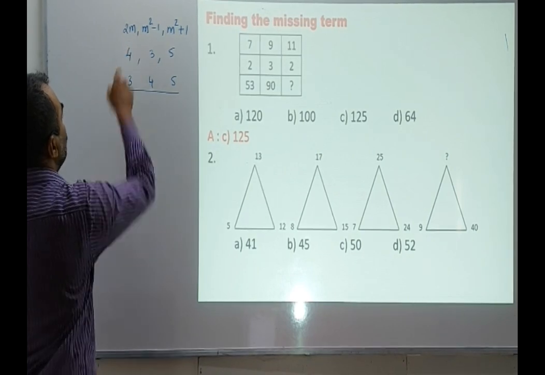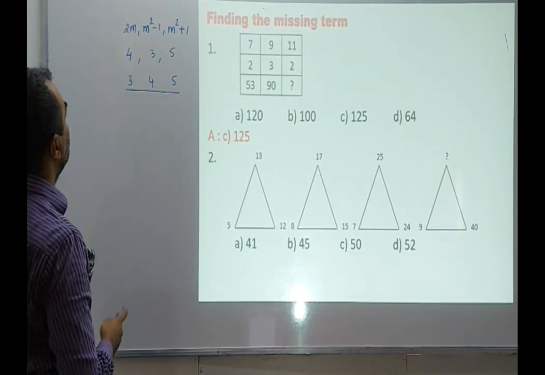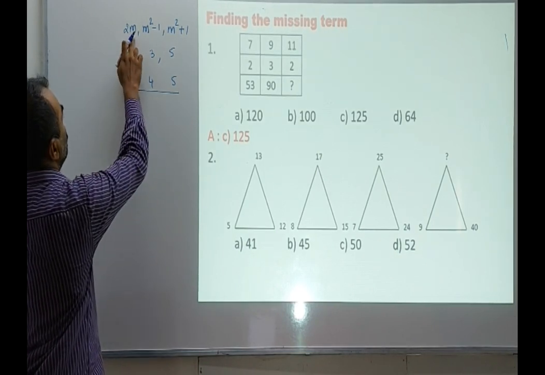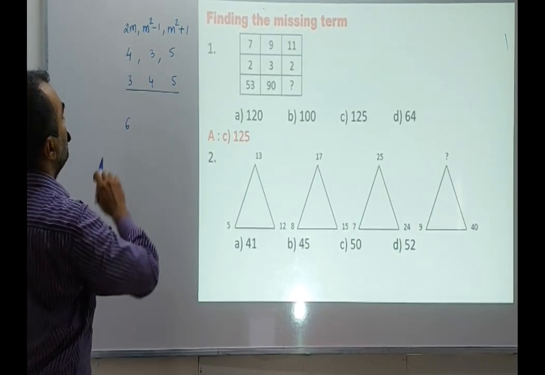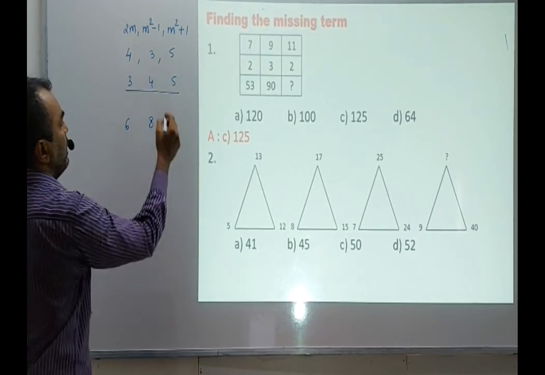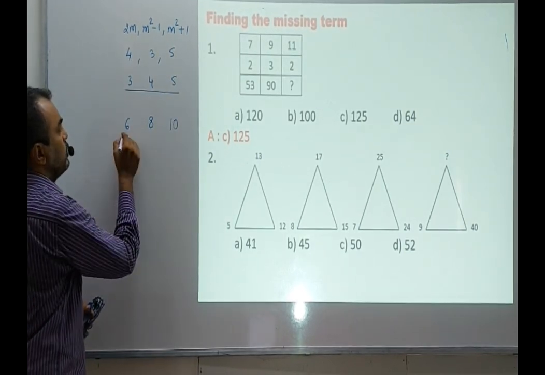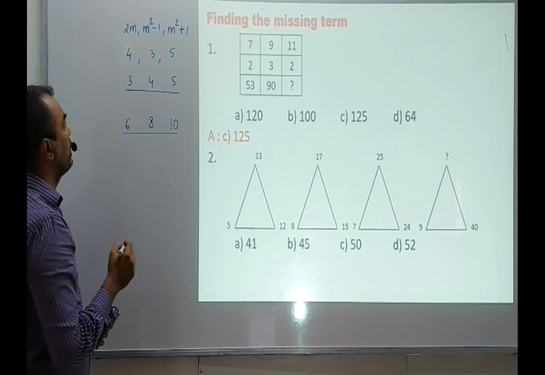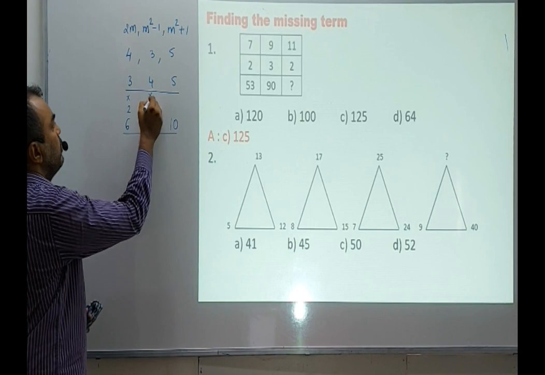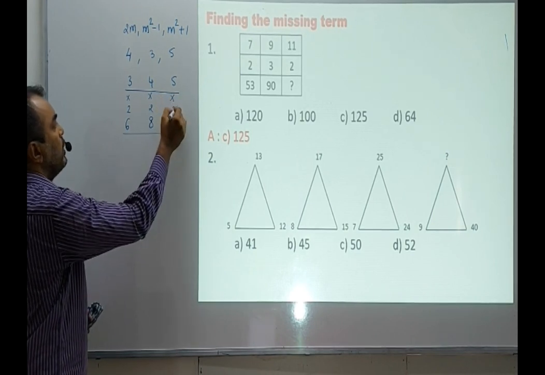Similarly, we can take any other even number here. So let us take 6. Now, 2 3s are 6, so m is equal to 3. 3 square is 9. 9 minus 1 is 8, and 9 plus 1 is 10. So 6, 8 and 10 is also a Pythagorean triplet, since 3 2s are 6, 4 2s are 8, and 5 2s are 10.